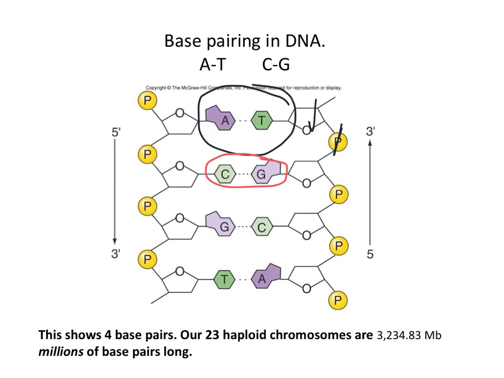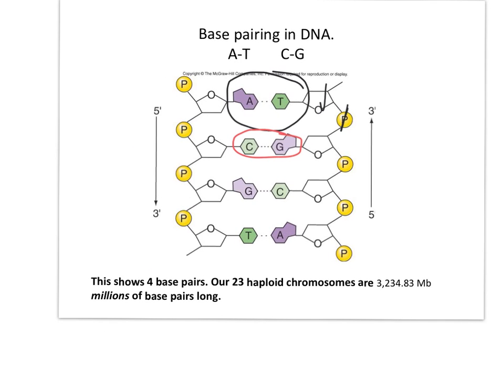Now, we have about 3,234 megabases. That means we've basically got 3,234,000,000 bases long for our DNA, for our haploid DNA.